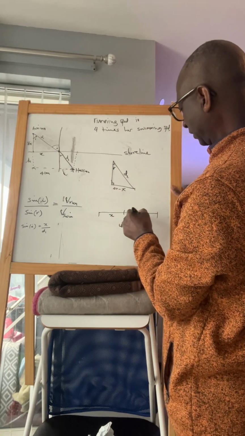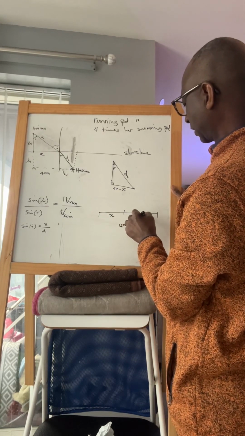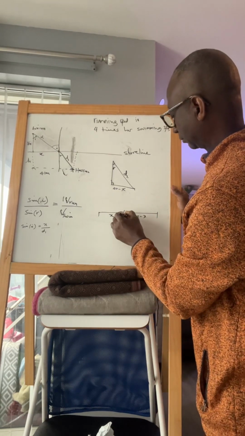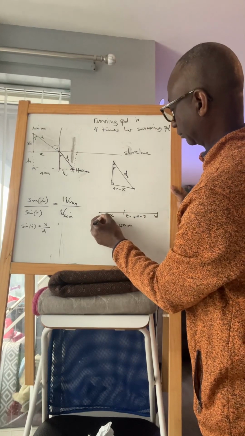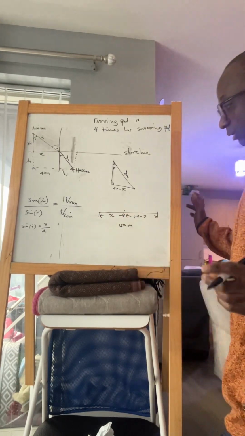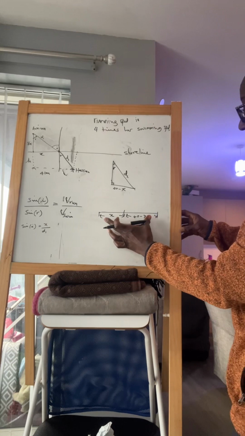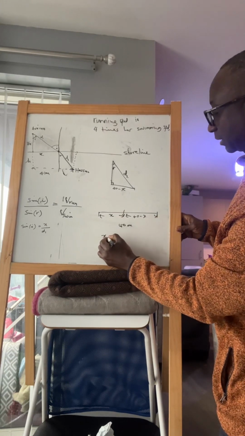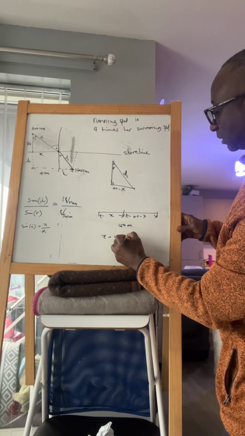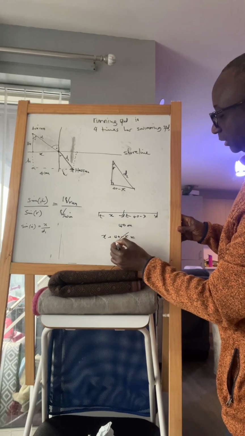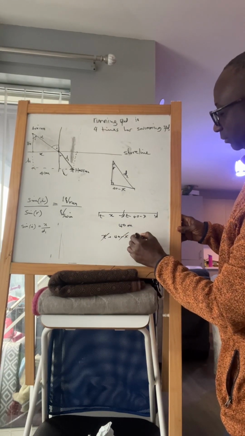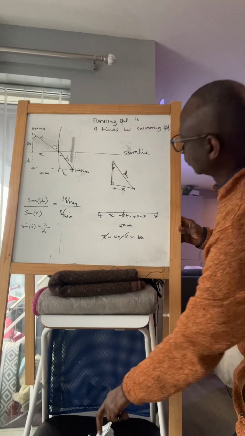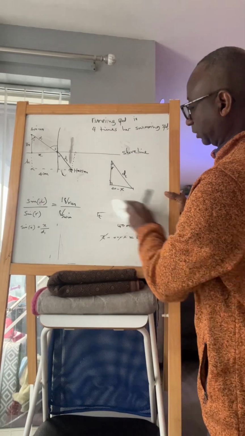So this is going to be 40 minus x. This is algebra. If you add all this together, you have x plus 40 minus x. This cancels this, so you get 40. So that is it. That's what you have here.